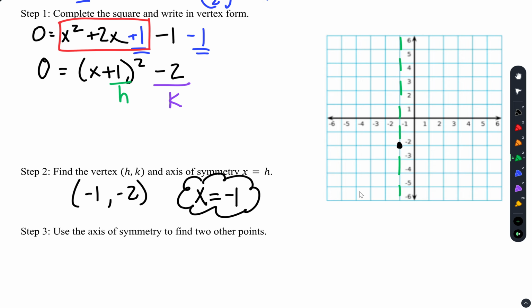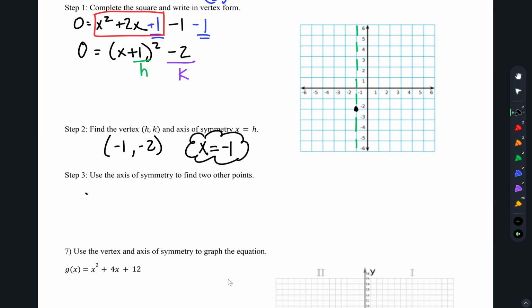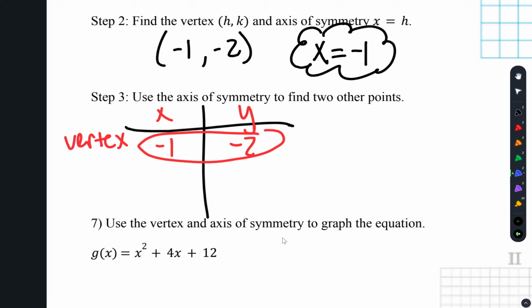Use the axis of symmetry to find 2 other points. So this means I'm creating a table of values. I'm going to start with my vertex, which I know is at -1, -2. And I'm going to pick 2 points on the same side. So I personally would go with 0 and 1 here.